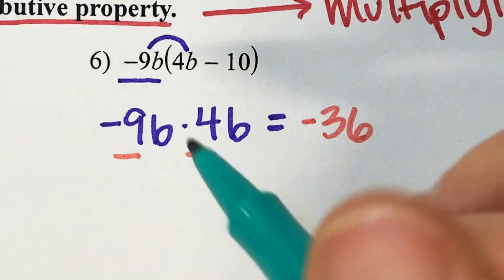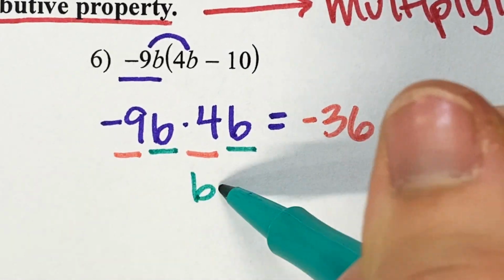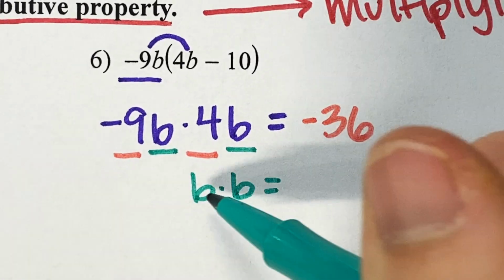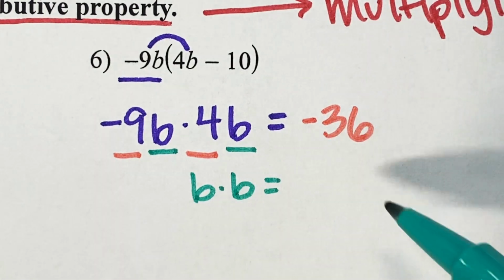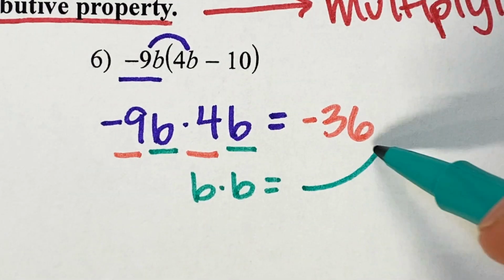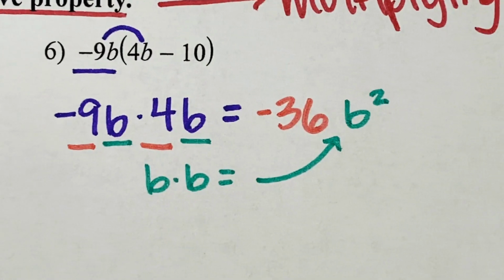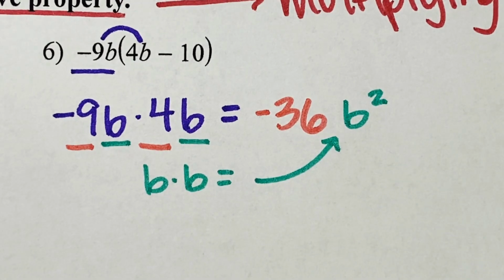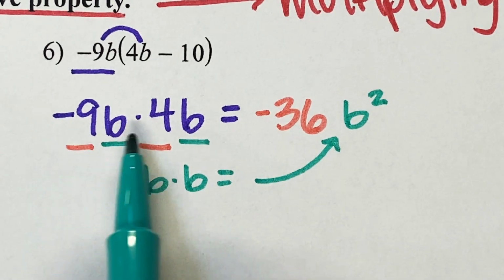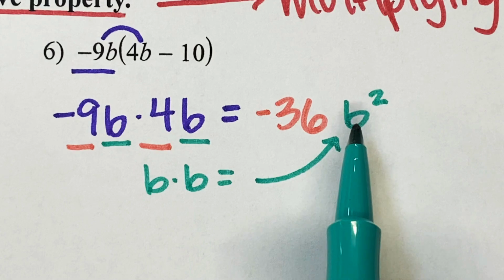Now let's look at our variables. We have b times b. If you remember, what is b times b? Think exponent. b times b is going to give me b squared. So that whole term becomes -36b squared. Or you can think: -9 times 4 gave me -36, and there were 2 b's being multiplied, so b squared.